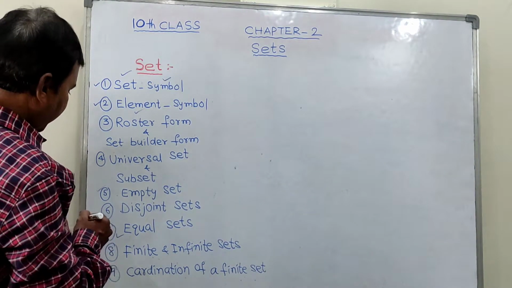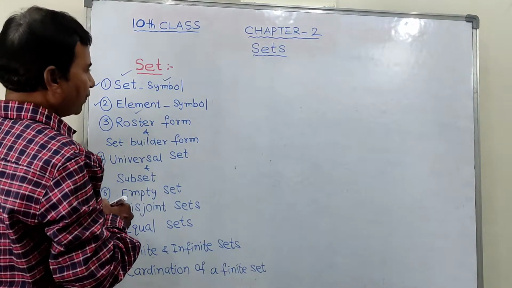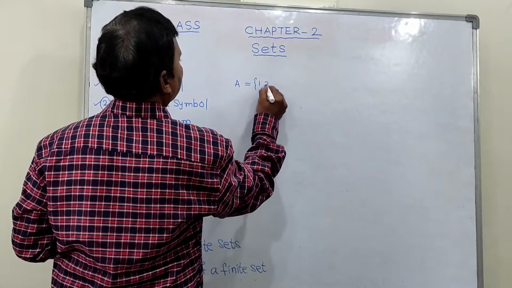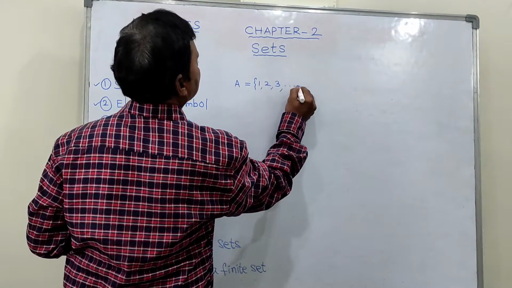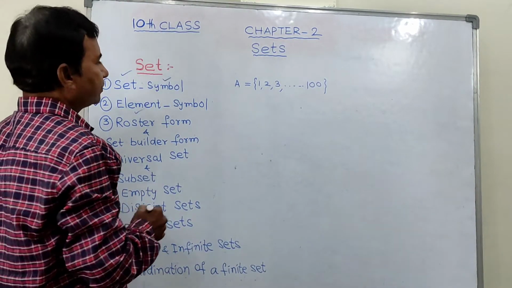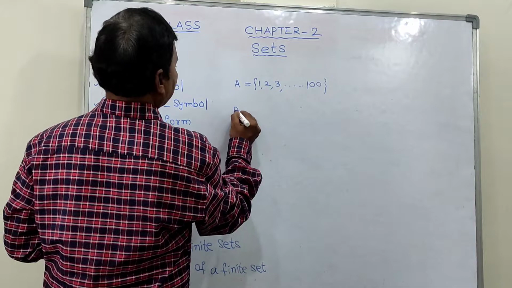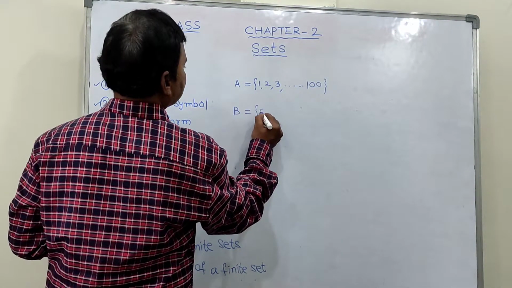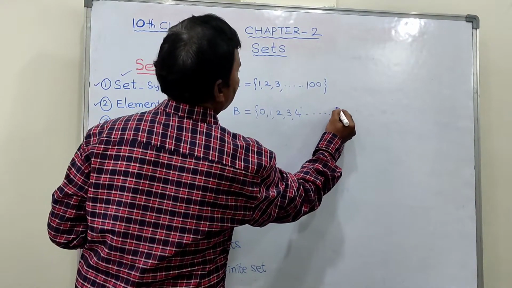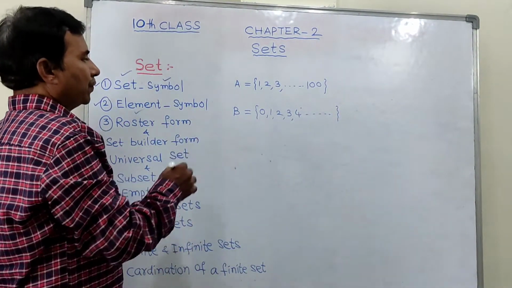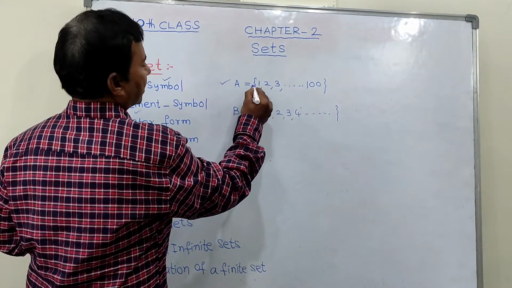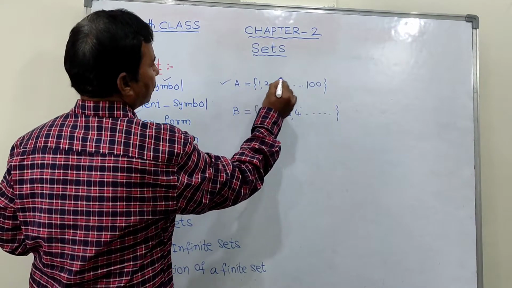Now, next eighth one, finite and infinite sets. Here, I am taking A is equals to 1, 2, 3 up to 100. And one more set I am taking B is equals to 0, 1, 2, 3, 4, so on. If you observe here two sets A and B, in the first set the numbers are listed from 1 to 100.